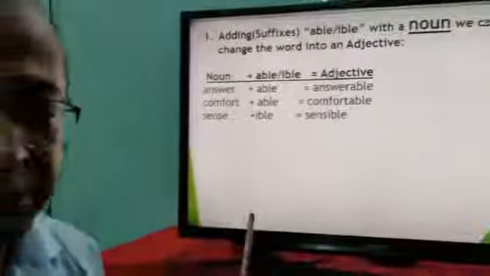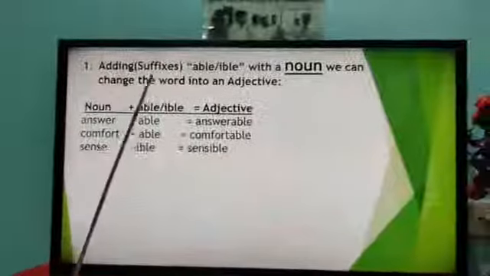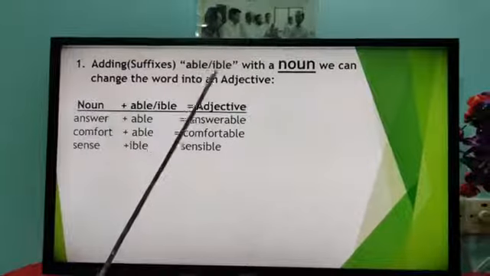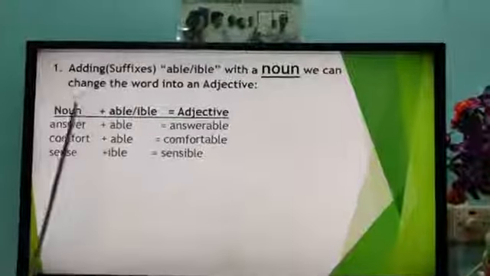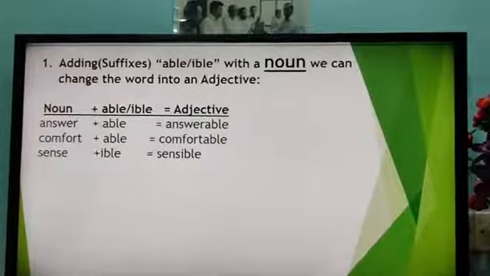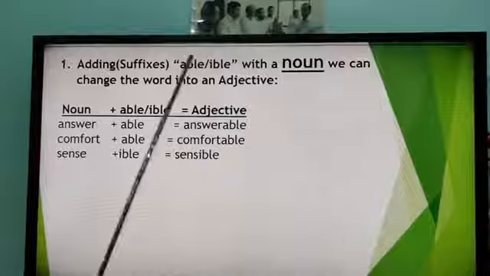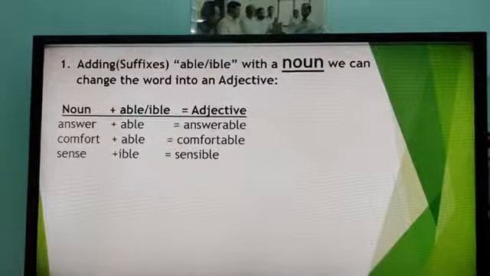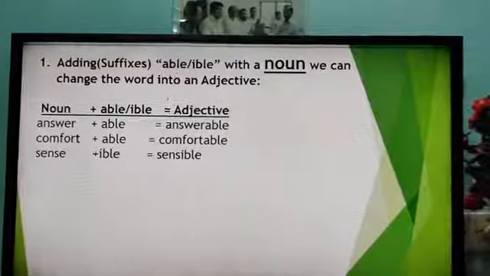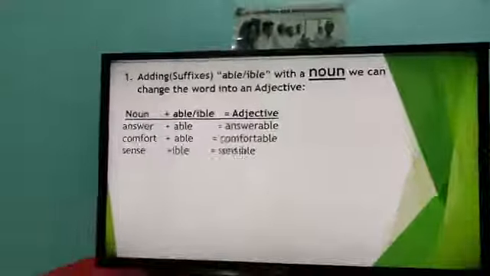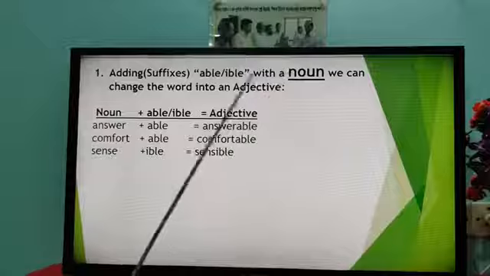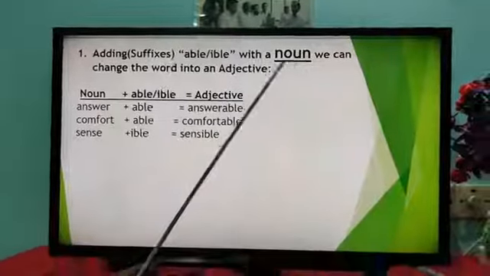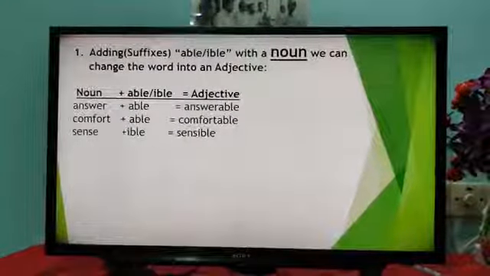Number one, adding suffixes able and ible with a noun, we can change the word into an adjective. Able and ible, these suffixes that I told you yesterday, are added with a noun to make it an adjective.